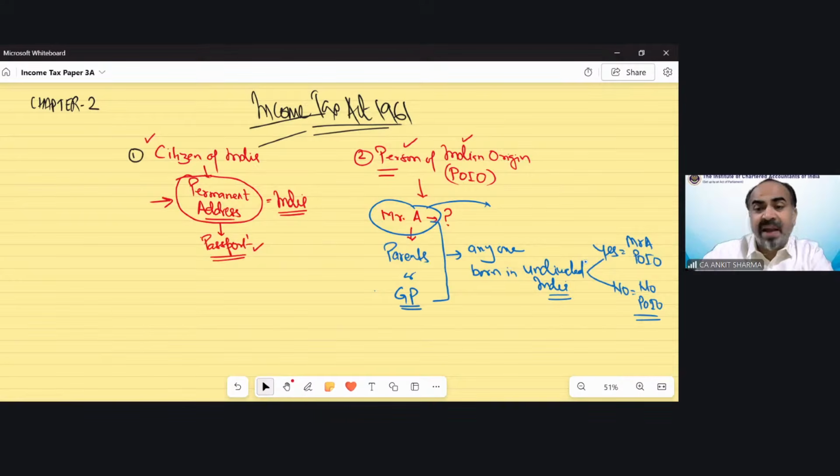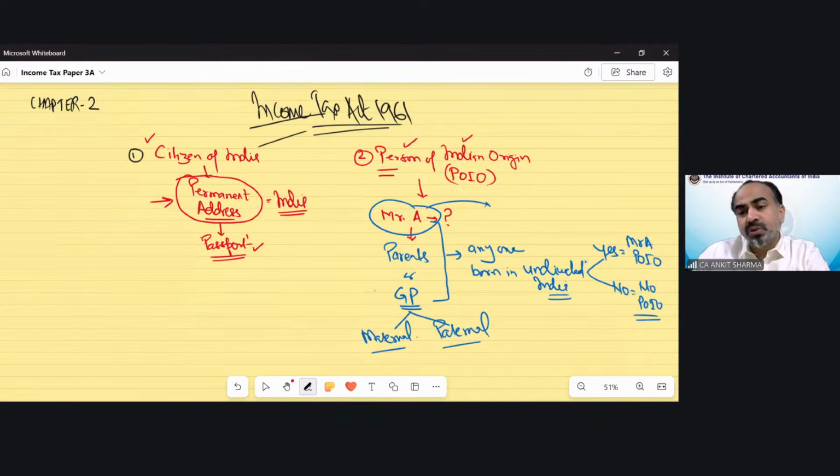And in case of grandparents, we are talking about both maternal, mother's side, and paternal, father's side. So technically we are talking about 7 people. Mr. A is 1, parents that means 2 and 3, grandparents 4 and 5, maternal and paternal is 6 and 7.